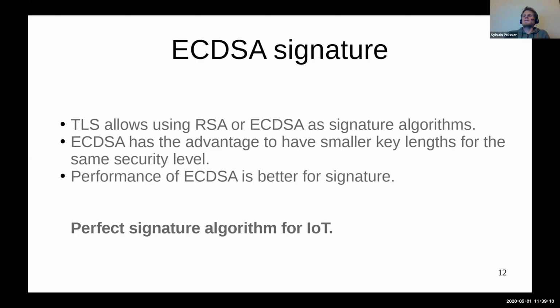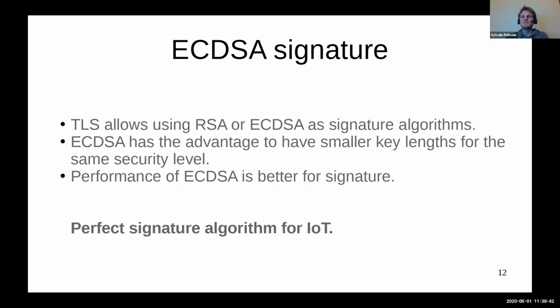Yes. So as Nicolas explained before, TLS allows using RSA or ECDSA. However, ECDSA, which works on elliptic curves, has the main advantage of smaller keys for the same security level, meaning that a 4K RSA key would be like 256 bits for ECDSA.